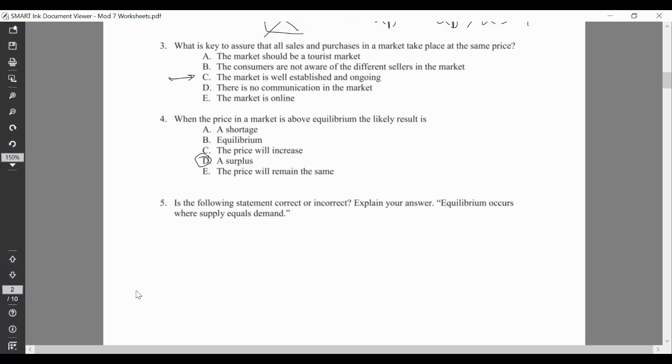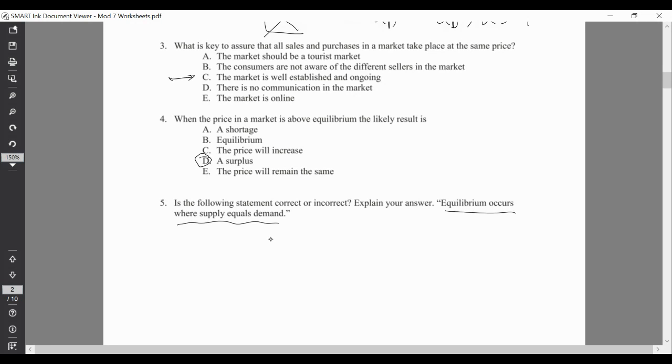So, technically, people instantly go, when supply equals demand or demand equals supply. Technically, the statement as it is, is incorrect. Equilibrium occurs where quantity supplied equals quantity demanded.